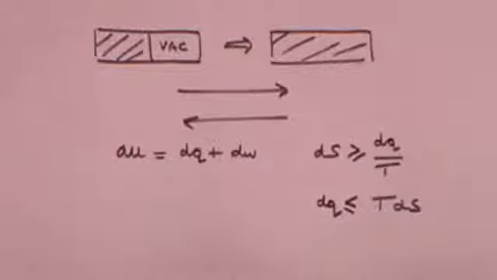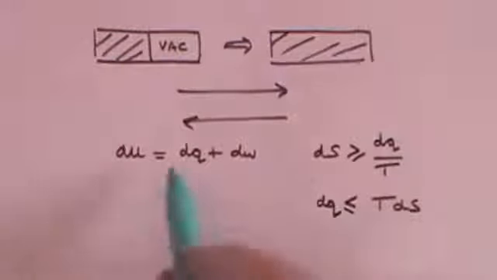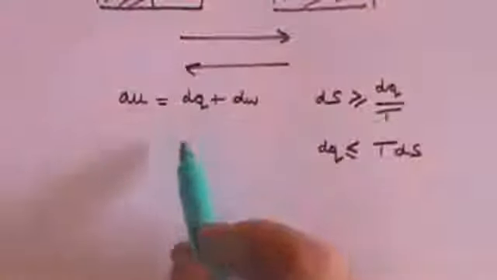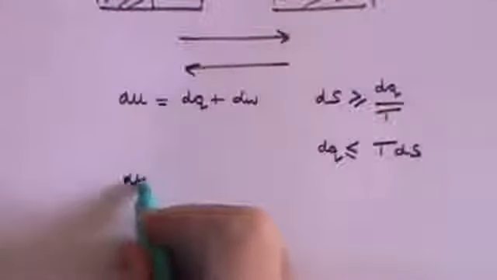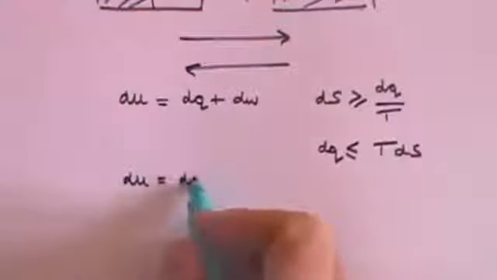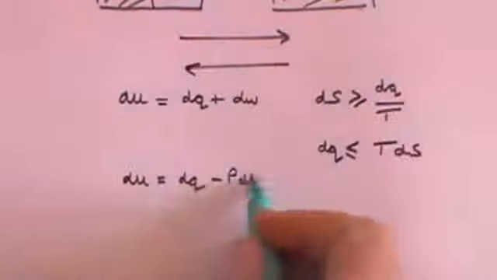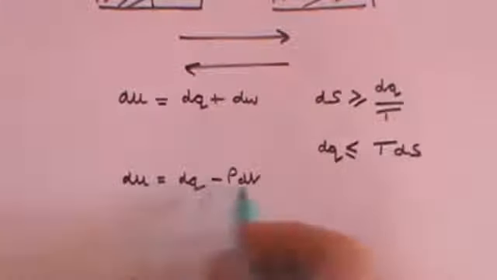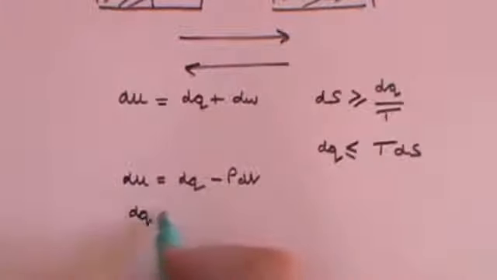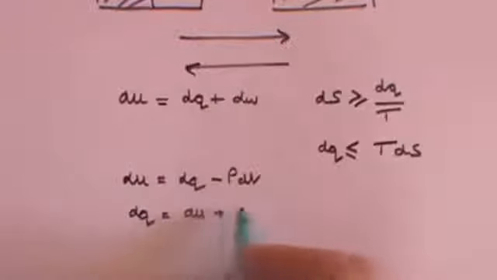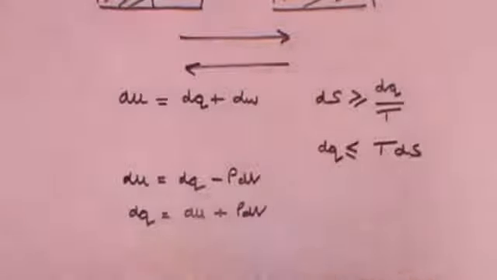T dS. Now we know, because we've shown earlier in this video, that you can also write the first law as dU equals dQ minus P dV. And rearranging this, you get that dQ equals dU plus P dV.